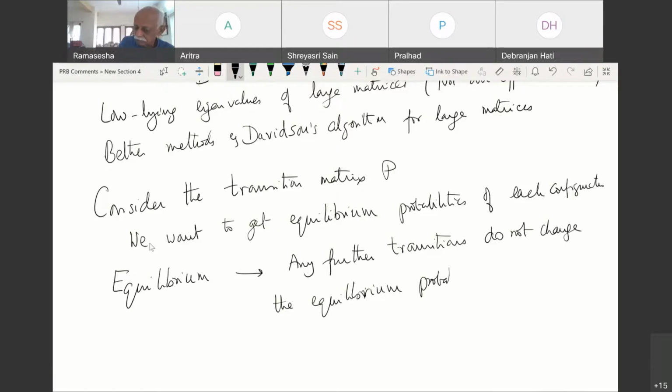Now look at the matrix P and its eigenvalues. It has all positive elements, and I have stated the proof.